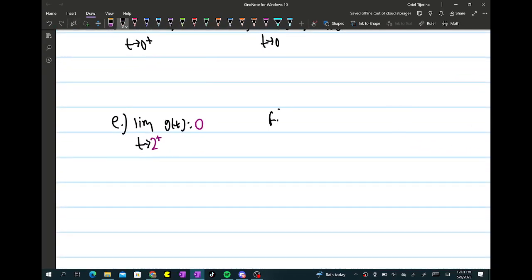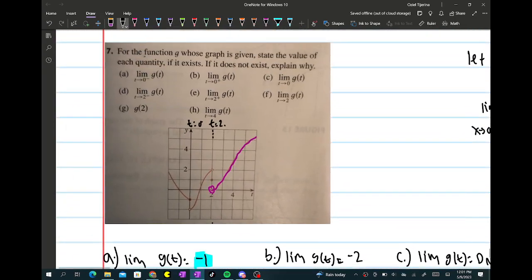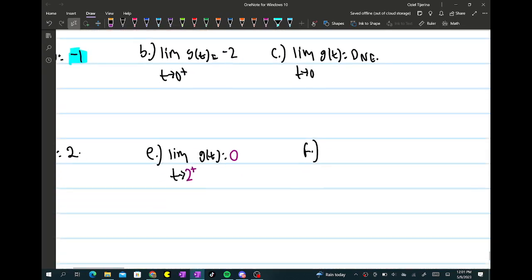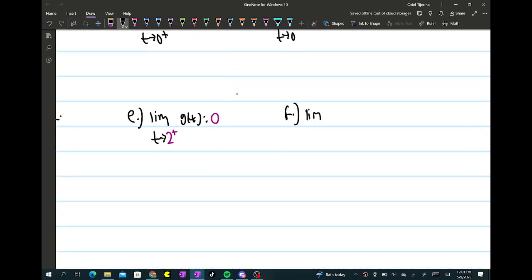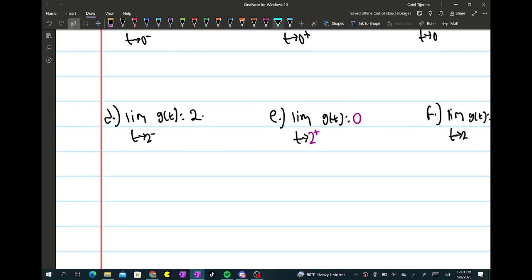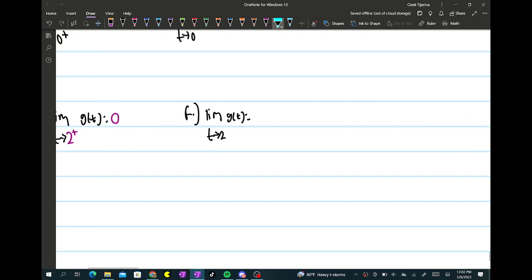And then part F tells us the limit as t approaches 2 of g of t. So this is, again, another idea that we want to make sure we understand. So when we look at parts D and E, obviously the limit as t approaches 2 from the left was 2. So I'm going to write that down again.